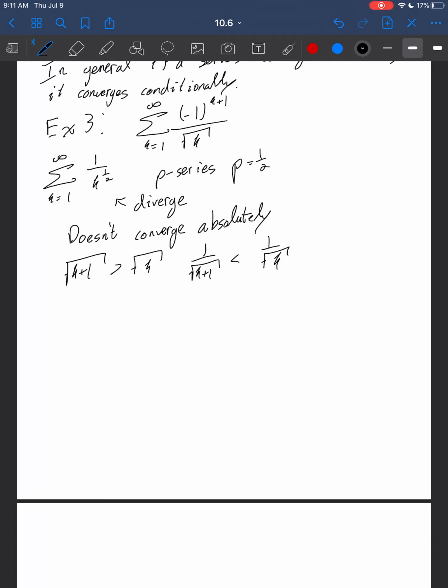The second thing we'd like to show, that this is going to converge conditionally, is that the a_k, or 1 over the square root of k, is going to go to 0. So the limit as k goes to infinity of 1 over the square root of k. Well, what happens in this case, right, we have 1 over a big number, so this is going to be 0.